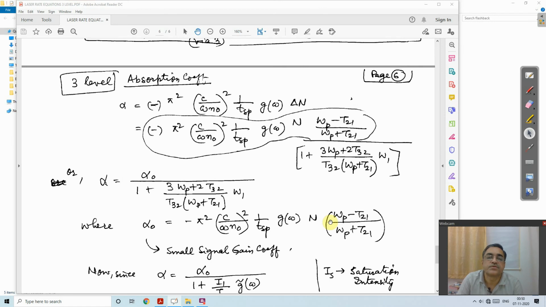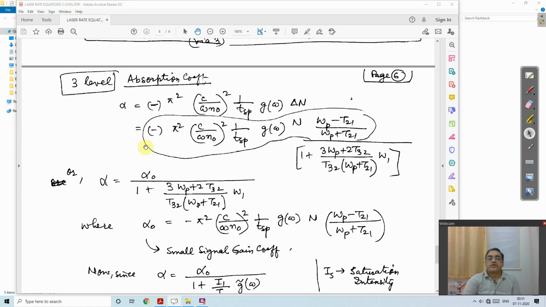Absorption coefficient. We have seen in the earlier chapters that alpha equals alpha naught. It is first of all equal to minus pi square c by omega n naught square, 1 by spontaneous transition rate, line width, n into delta n, I have just substituted the value of delta n.